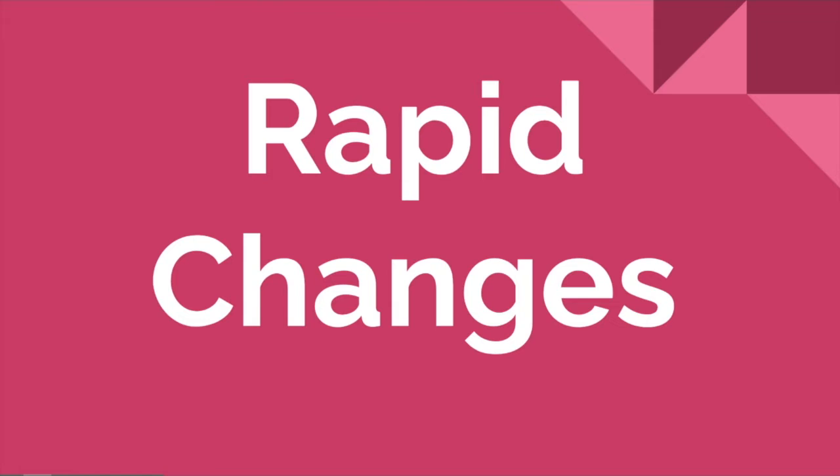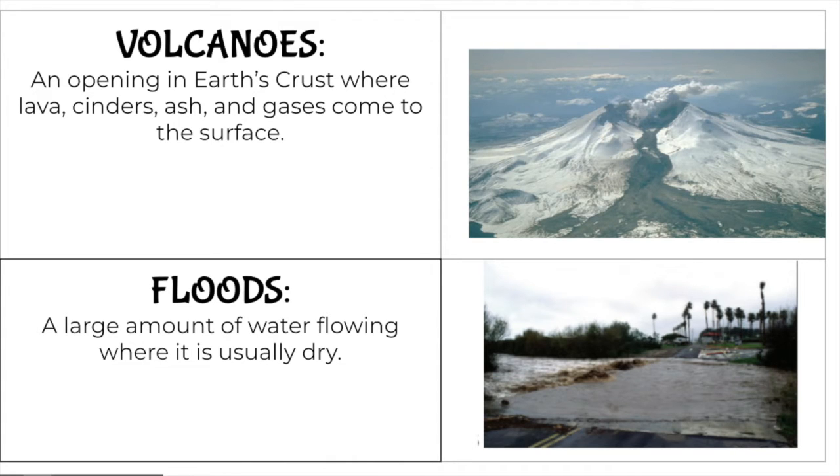Rapid changes change the rocks of the Earth, but they occur quickly. One moment the Earth can look one way, and then with these different changes, it will change how the Earth looks. The first example of rapid changes that we talked about was volcanoes.